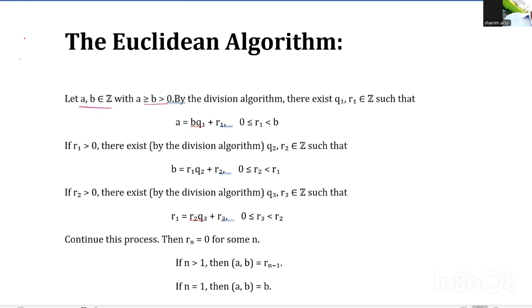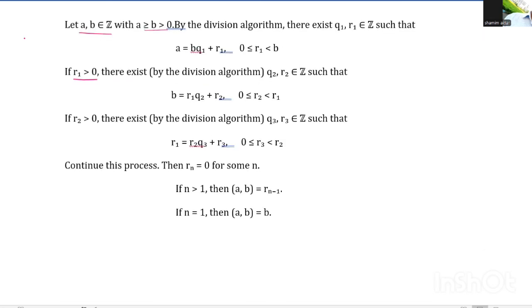And if r1 is greater than 0, then again by the division algorithm we can write b equals r1 q2 plus r2. Continuing this process, we can find a positive integer n such that rn equals 0 for some n.